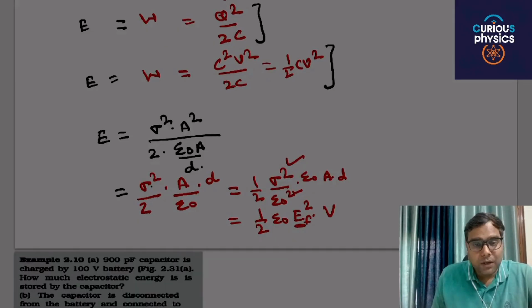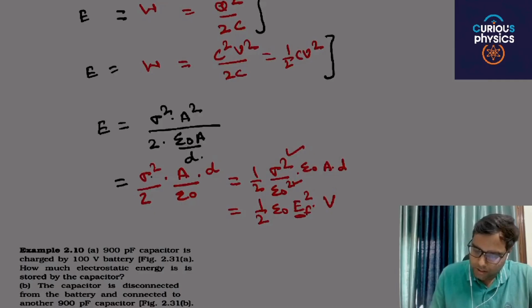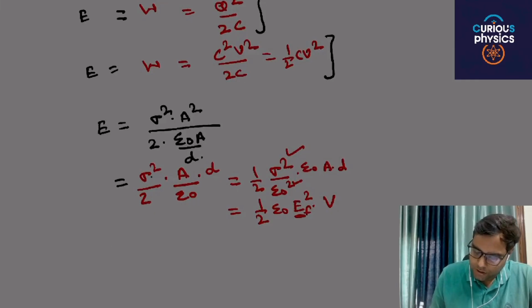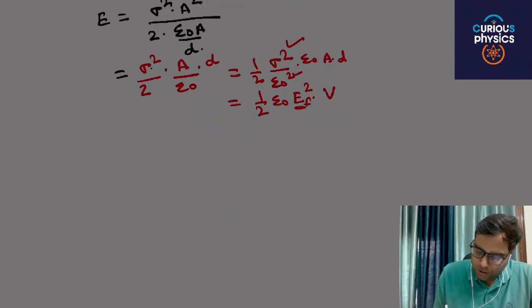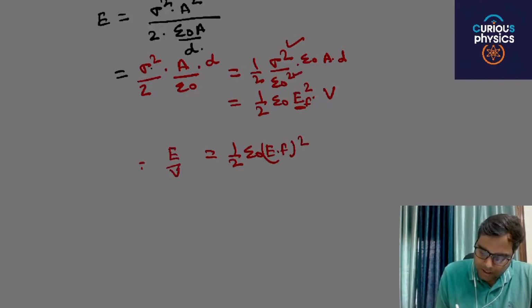So energy per unit volume is energy density, so E by V is equal to 1 by 2 epsilon naught electric field whole square. This is the situation.